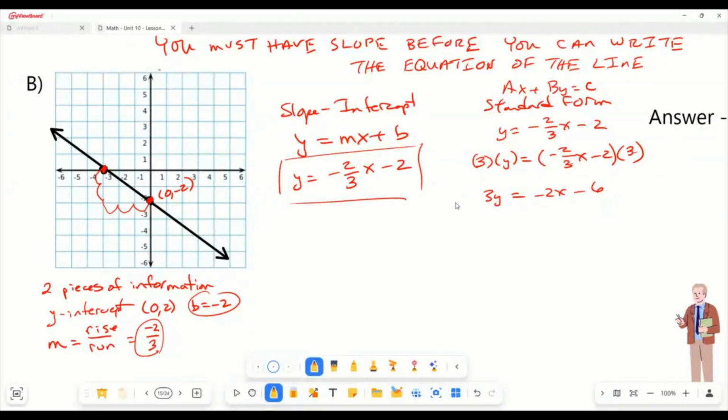This 2x has to be on the left with the 3y. It's being subtracted, so the opposite is to add 2x. 2x plus 3y equals negative 6. x and y are on the same side, constant on the other side, no fractions, and the x term is positive. We're done.